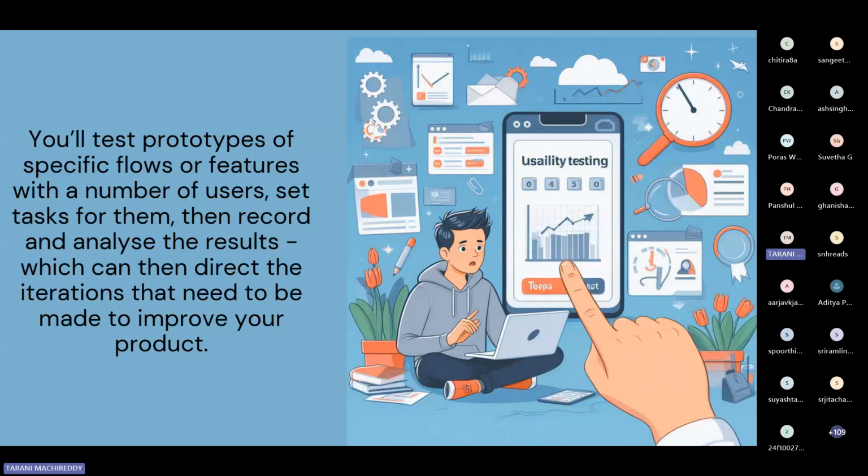Then we have to recruit participants: identify the target audience and recruit users who represent this audience. Then we have to design test scenarios: create tasks for users to perform and ensure tasks are clear and aligned with proper instructions.